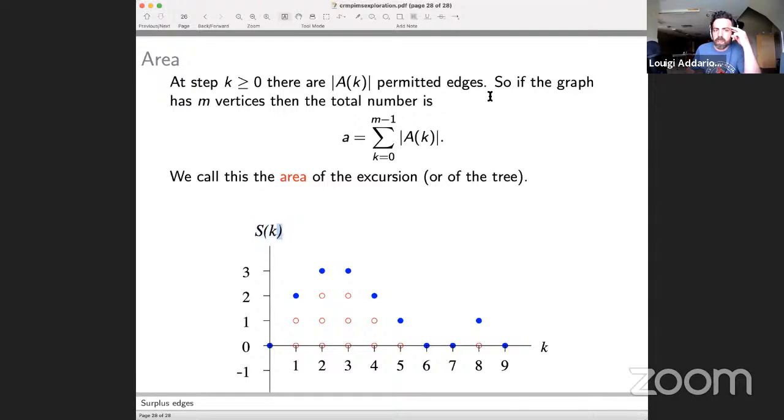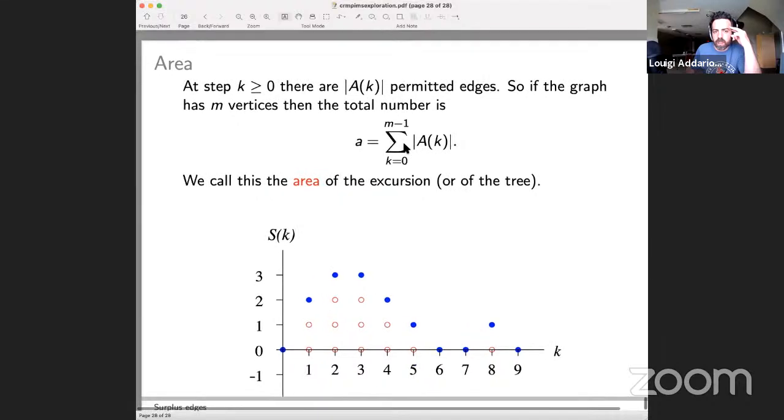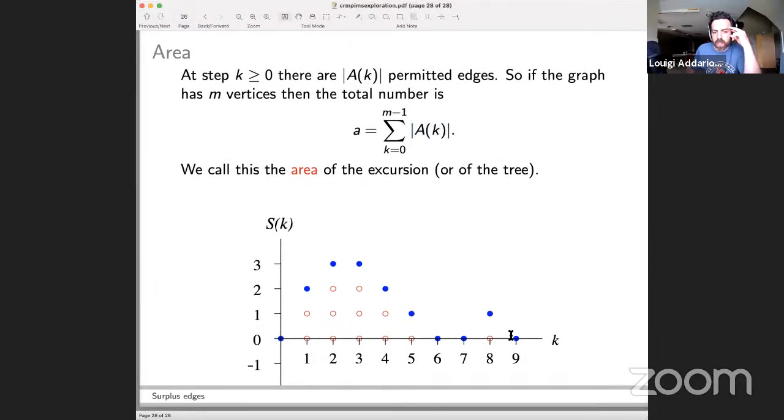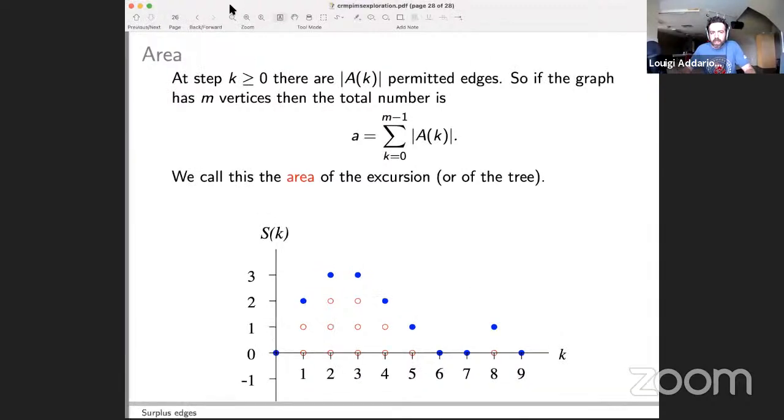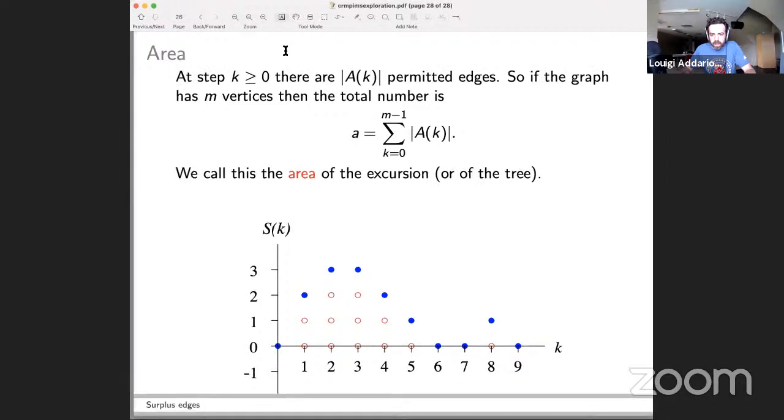So that means that if the graph has m vertices, we can figure out that number of permitted edges just by summing the height of the active Q, summing A of K over the steps of the exploration. Quite a nice connection. It says that in the limit.